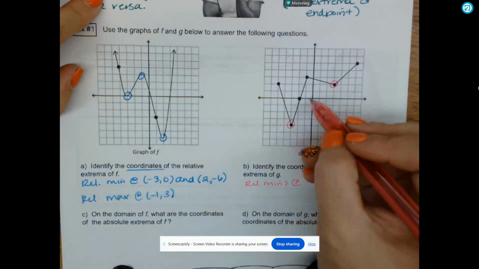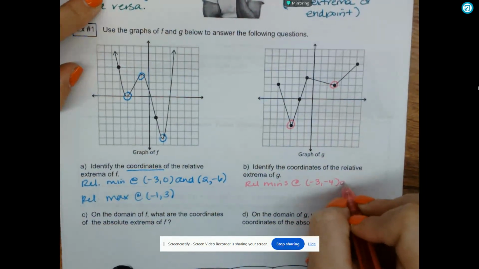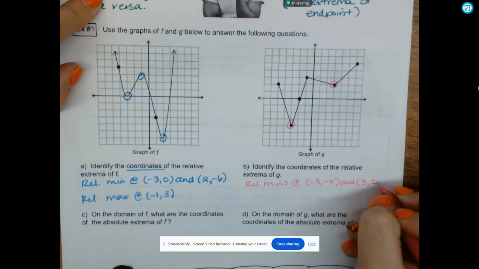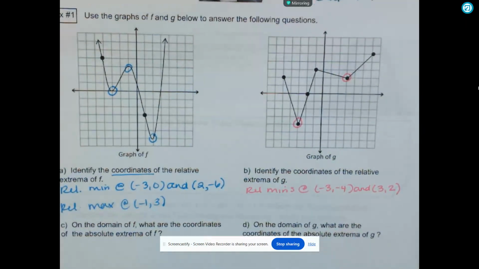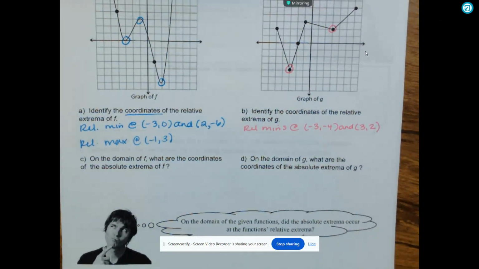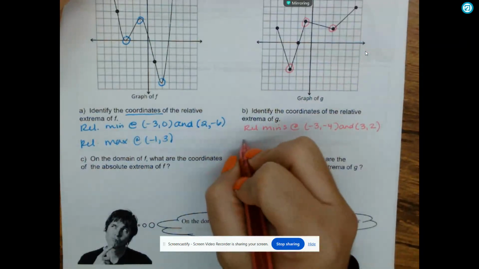So that's (-1, 2), (-3, -4), and (3, 2). All right, what about max? (-1, 3).